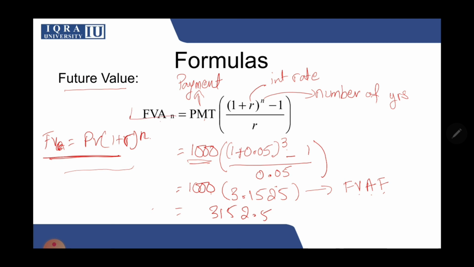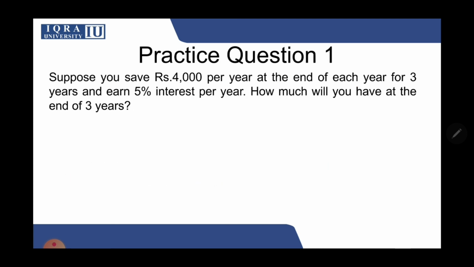So now we're going to practice the usage of this formula so that you understand it even more. So moving ahead, suppose you save 4,000 per year at the end of each year for 3 years and earn 5% interest per year. How much will you have at the end of 3 years?